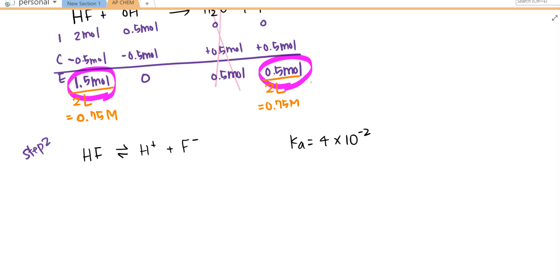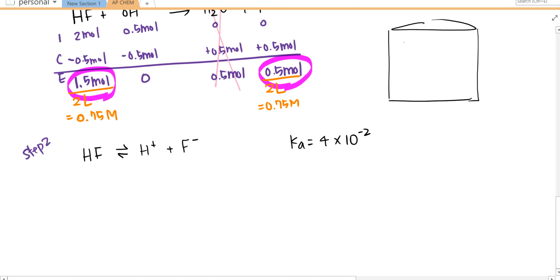So if I were to just draw this out for you, it just means that I have HFs, and I know that HF naturally also likes to dissociate. It's just so minute that we say less than 5%. We just don't know how much it actually dissociates.